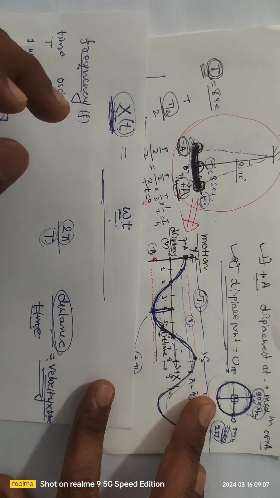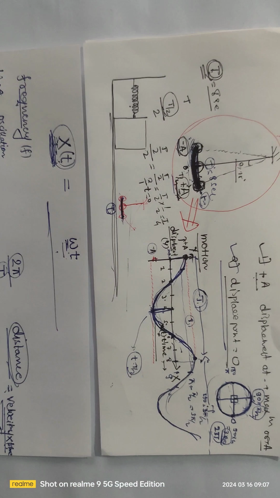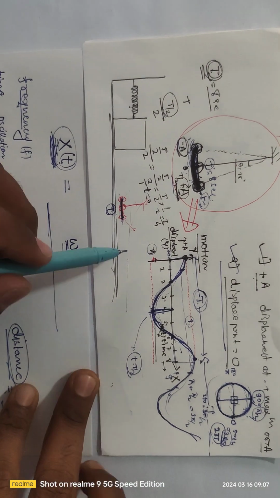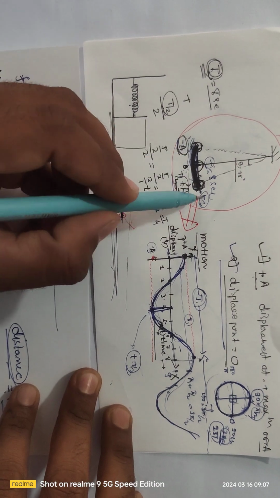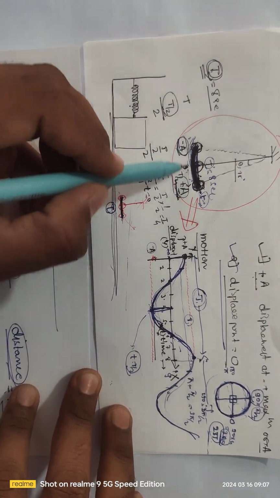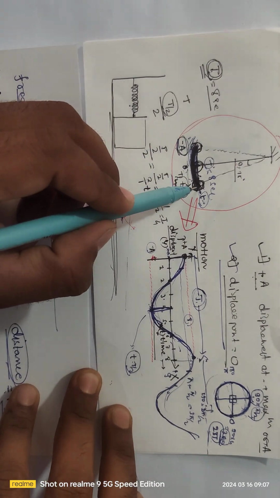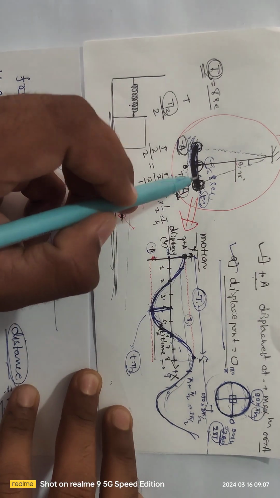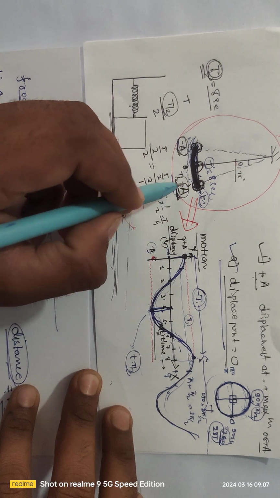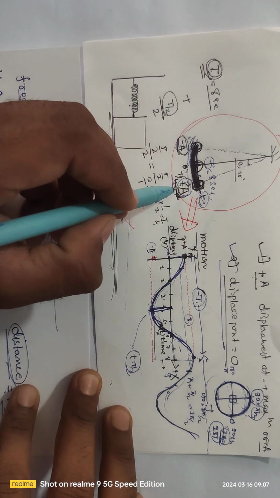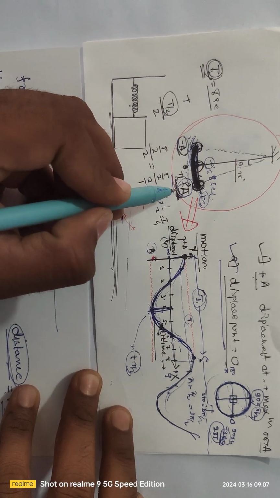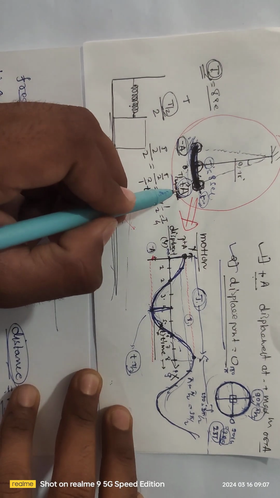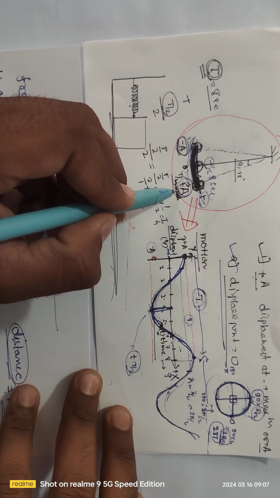Now, during the oscillation, I started counting the oscillations from the extreme value on the right hand side. It means the plus a position.